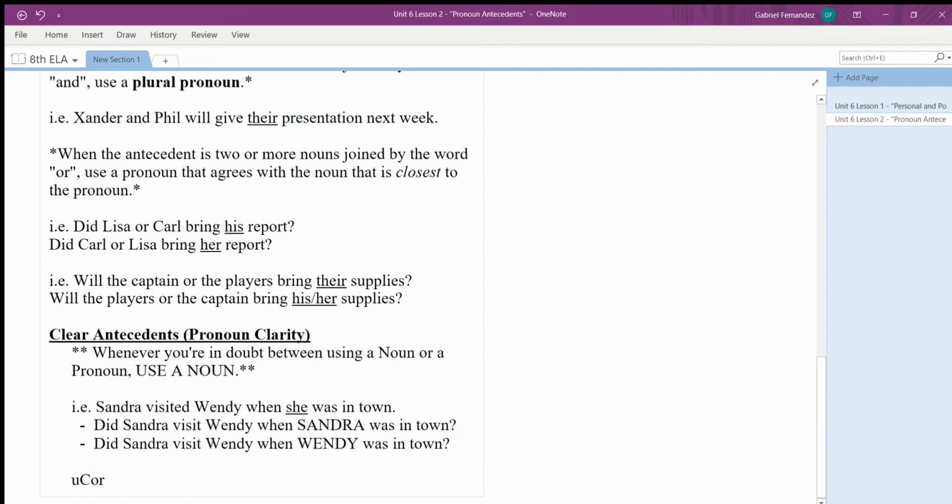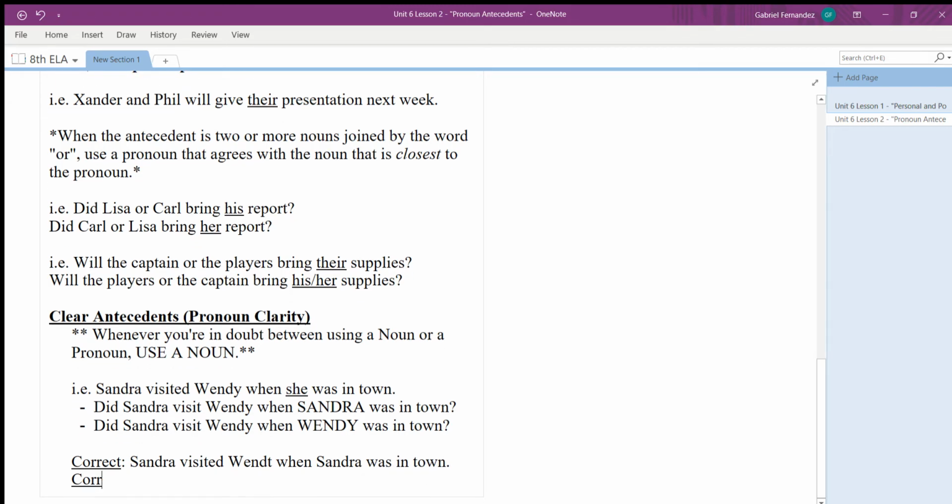So the correct form of this sentence would be Sandra visited Wendy when Sandra was in town. Also correct is Sandra visited Wendy. Mr. G can't spell. Look at him. Just put Wendy.